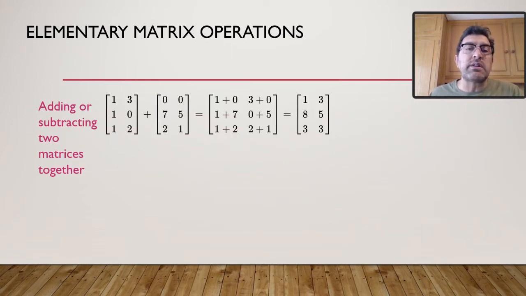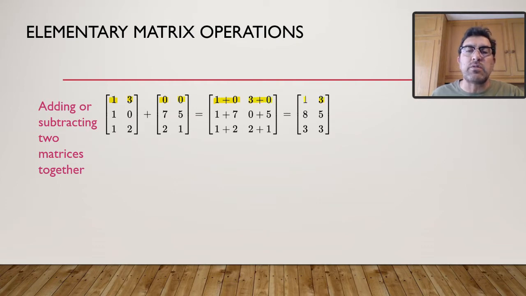Okay, so if we look at this, before we start adding, this is a 3 by 2, and that's a 3 by 2, so the result will be 3 by 2. Why? Because we're going to add corresponding entries. So we add the 3 and the 0 to give us 3 plus 0, which leaves us with the 3.